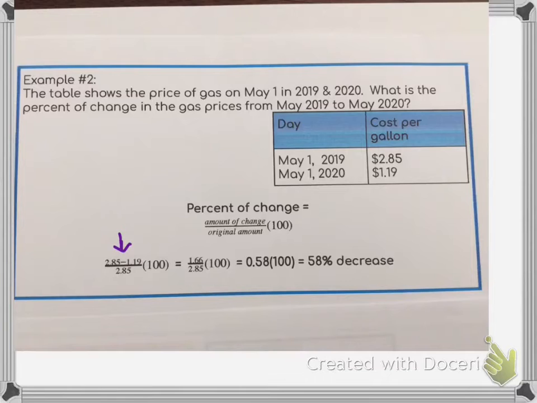The original is the first amount, which was the $2.85, and then we'll multiply by 100. 285 minus 119 gives you the 1.66, and then when you divide by 2.85, you get 58 hundredths. That's your decimal. When you multiply it by 100, you get your percent, which is 58%. And again, that's a decrease because the amount went down. Okay, now let's take a look at the next example.